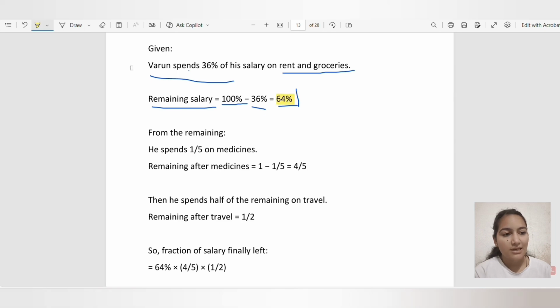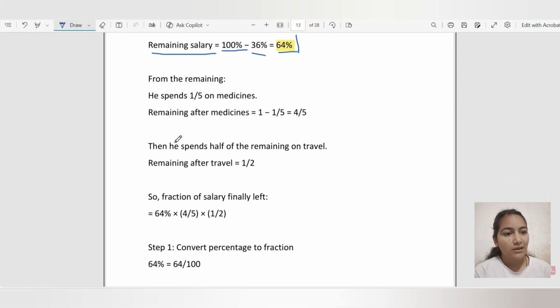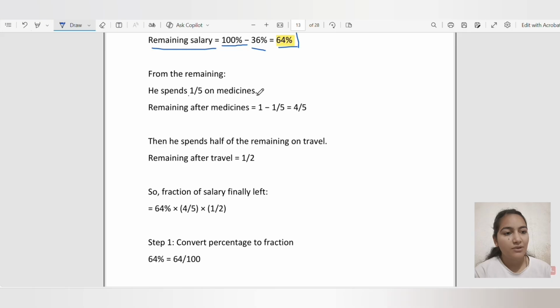Now from this remaining salary he spends one fifth on medicines. When you have to deal with percentages, assume things in 100%. When we had to find the remaining salary and the information was given in percentage, like 36%, we subtracted from 100%.